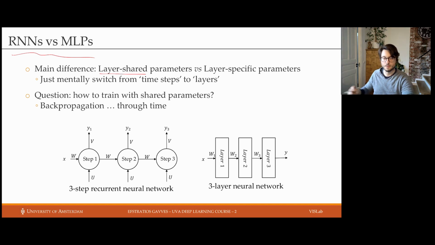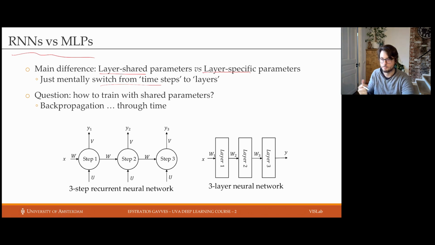So every time step uses the same parameters to compute activations and so on, while with MLPs, you get layer-specific parameters. Other than that, there are very few other differences.